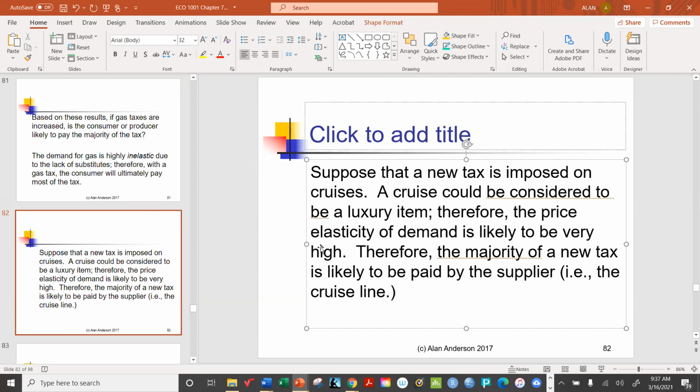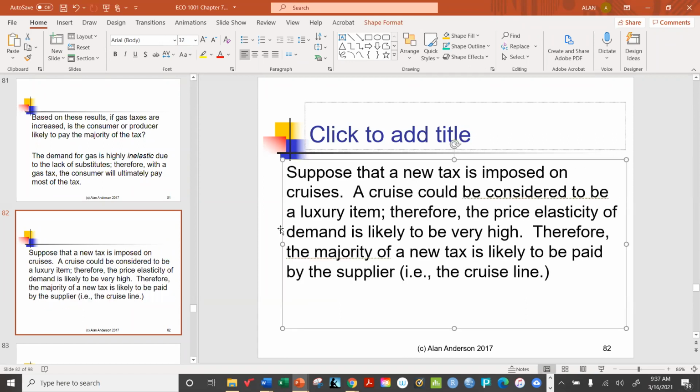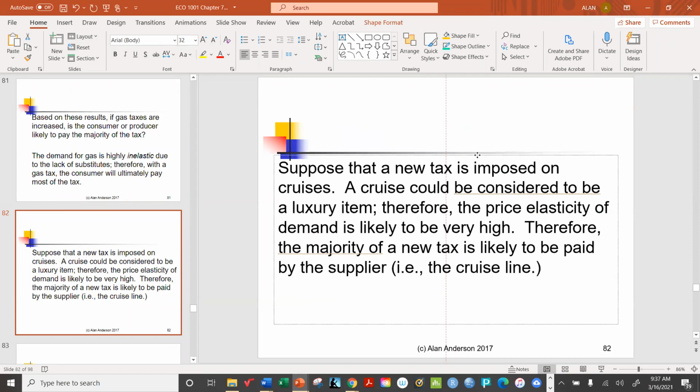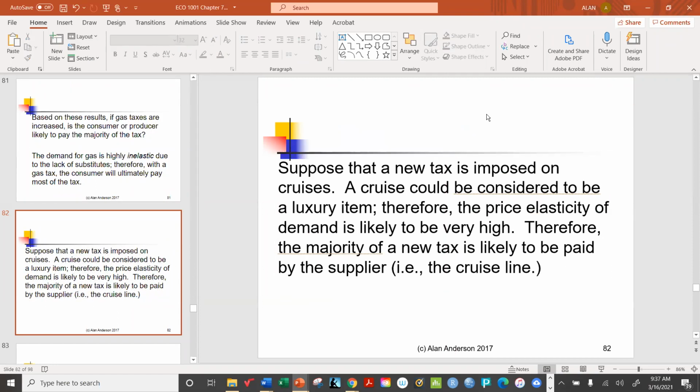So that's why if there's any taxes on cruise lines, and in fact, interestingly enough, if you're at all familiar with the cruise industry, most of those ships are registered in foreign countries, like the Netherlands or Norway, because American taxes are quite high on these ships for some reason. The cruise lines know that any taxes will ultimately be absorbed by the cruise line. So what they do is they locate themselves in countries where taxes are relatively low, because it's worth their while to do so.